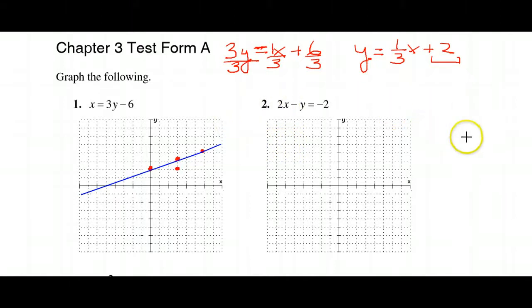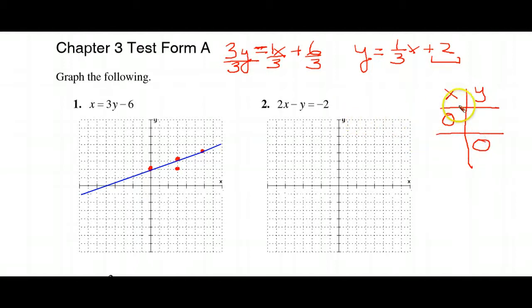Now in example 2, as we look at it, we see that example 2 is in standard form. And we're saying the tool to use when it's in standard form is to make a little t-chart. That special x and y intercept t-chart, where there's the basic form. You put a 0 there and a 0 there.